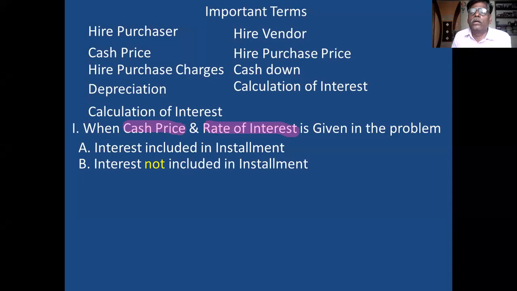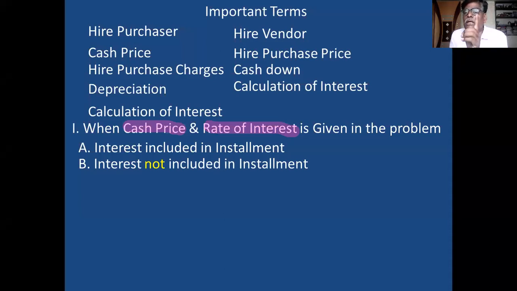It means if you take the total payments, the total payment is equal to cash price. If it is equal to cash price, then you say that interest is not included in installment. Second condition. Okay. This is the point you have to check.